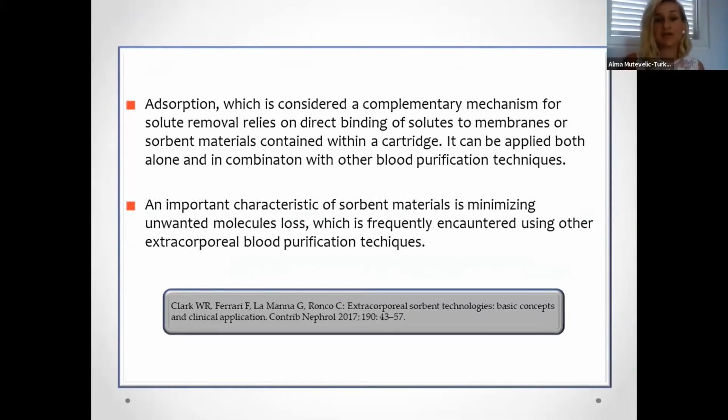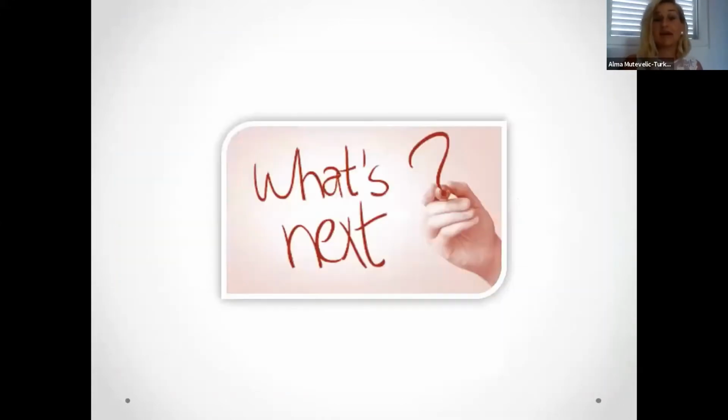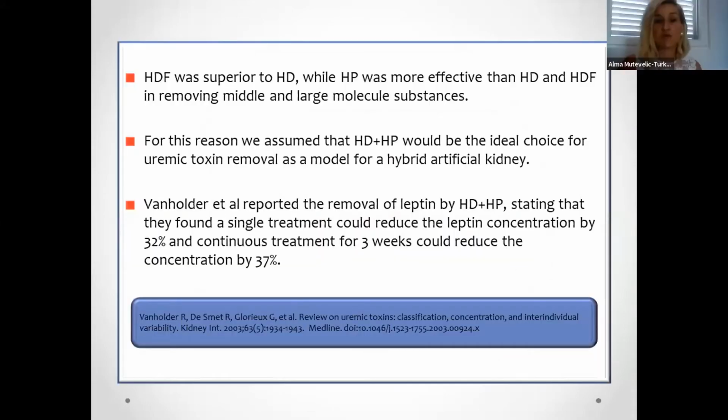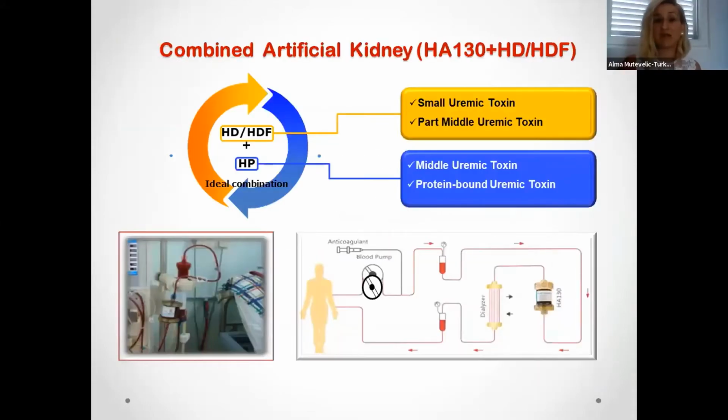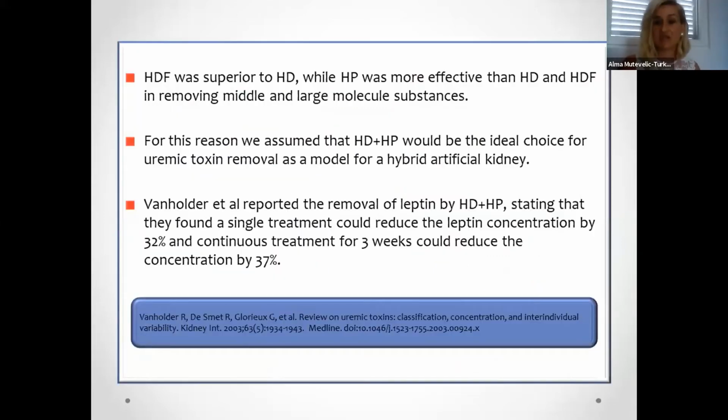An important characteristic of these sorbent materials is that they minimize unwanted molecule loss, which is frequently encountered using other extracorporeal blood purification techniques. Some of our studies show that they reduce the leptin concentration in patients receiving hemoperfusion.